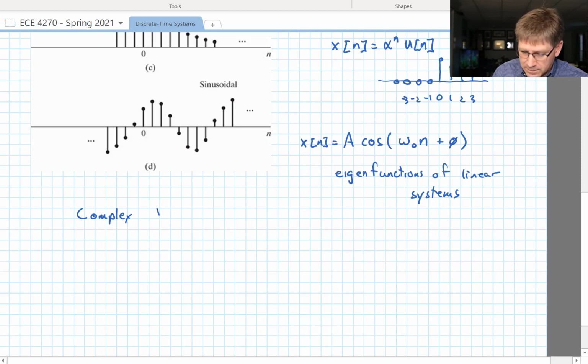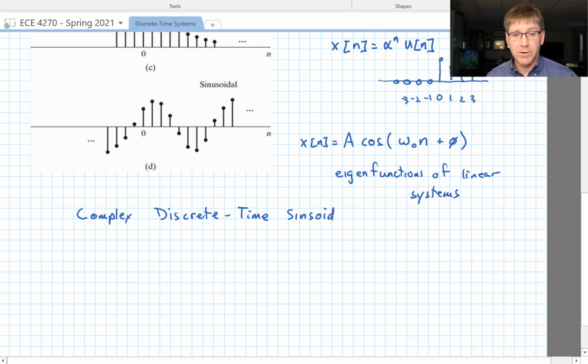Finally, everything we've looked at so far has been real valued, but having complex valued signals turns out to be very useful. In this case we might define x of n equal to some amplitude A times e to the j omega n, and here, as in the sinusoid above, omega is in radians per sample.